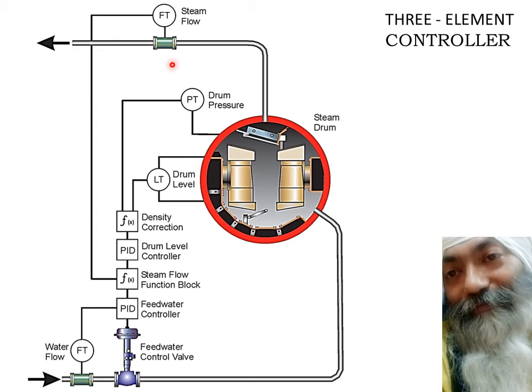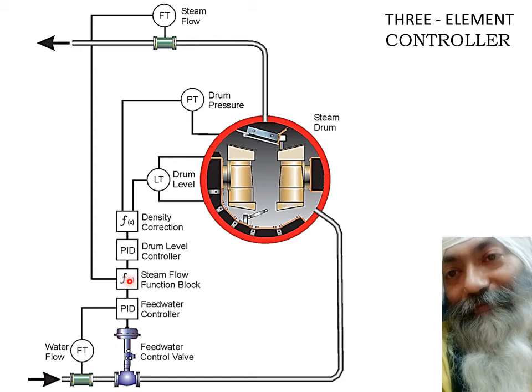So if the steam flow outlet increases and that results in the reduction in pressure and that results in the swelling, that swelling factor will be monitored by this steam flow outlet, and this function will be taking care that this level increase is not the actual increase in level, but it is because of swelling.